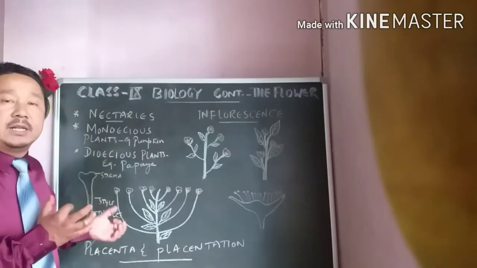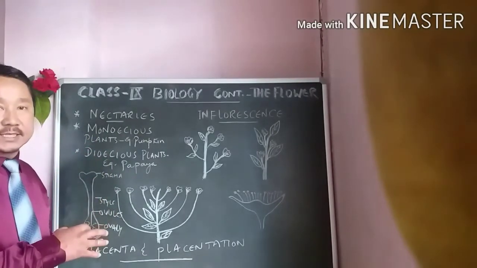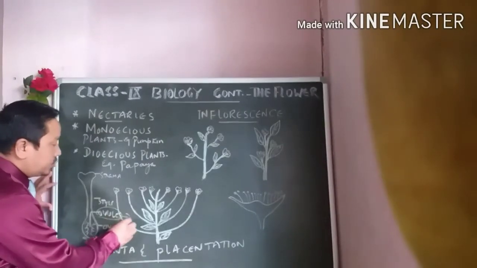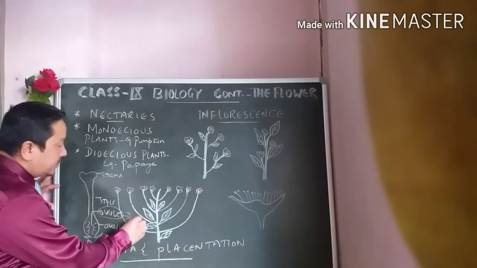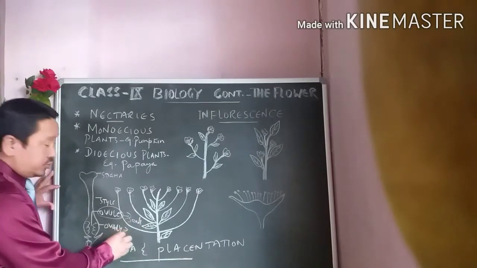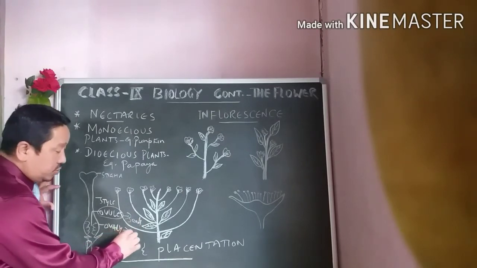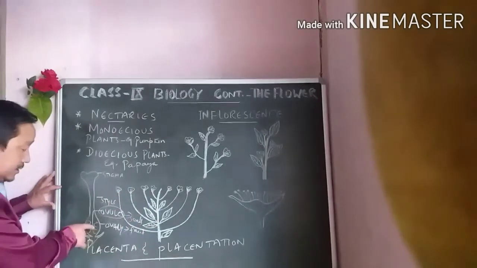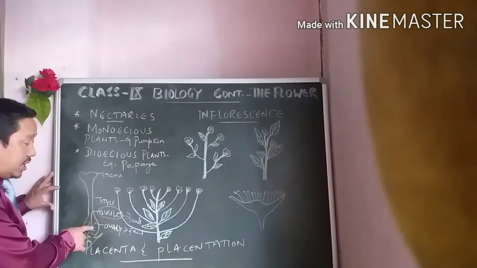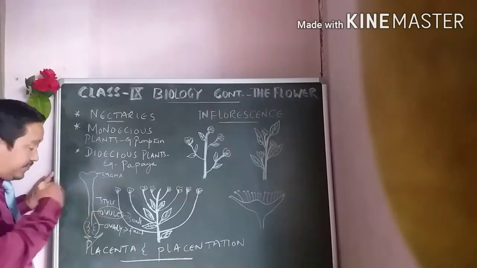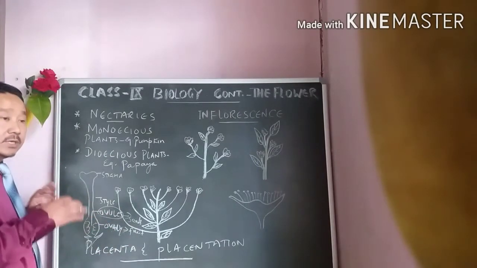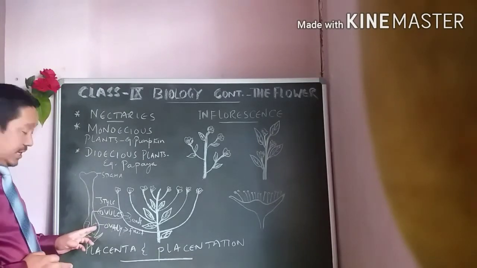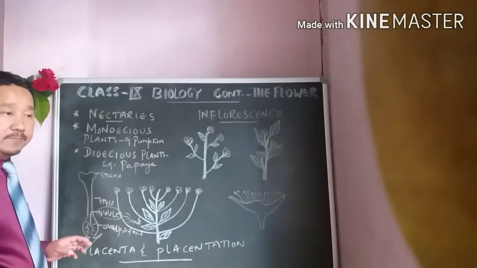These ovules enclose the female reproductive cells inside, and afterwards they develop into the seeds, and this ovary develops into the fruit. These ovules, which develop into the seeds, are attached to the wall of the ovary.